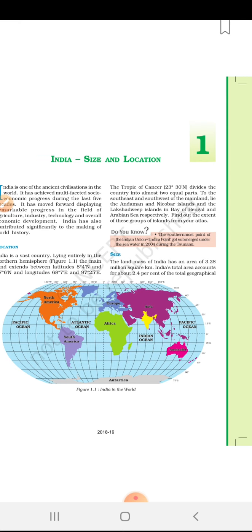When we glance at any globe, we can see a series of north-south lines and east-west lines, and together they make the earth's grid system, also known as the geographical grid. These lines help us to find the exact location of a place.